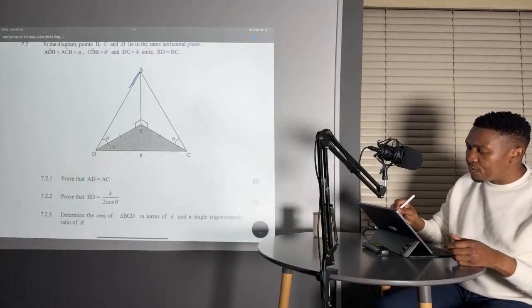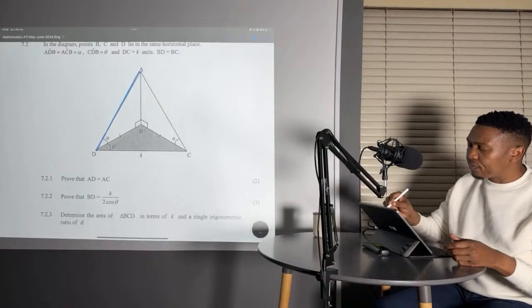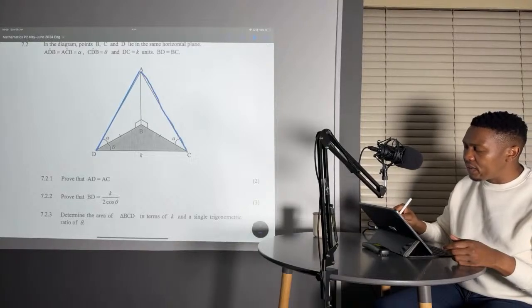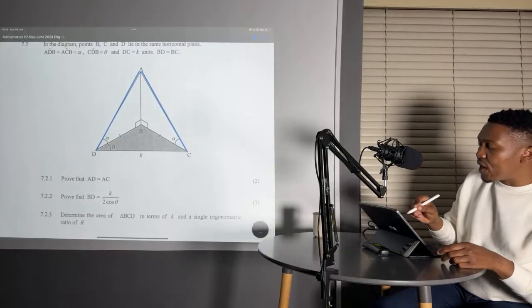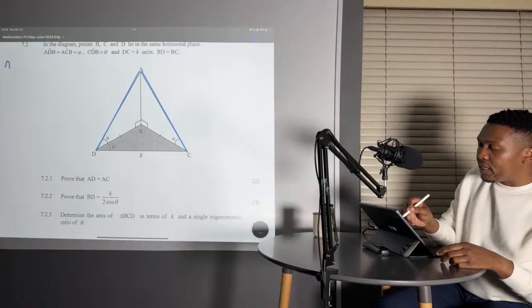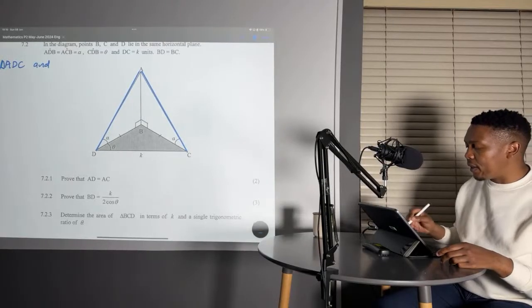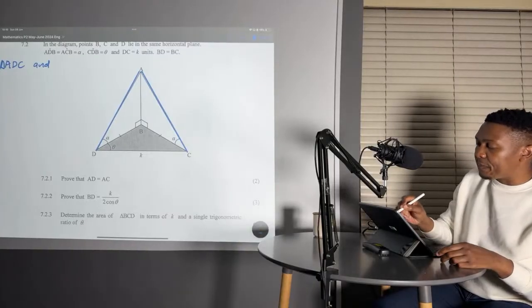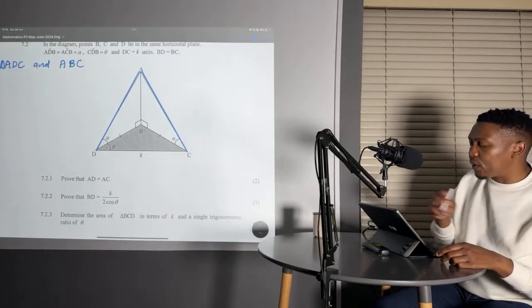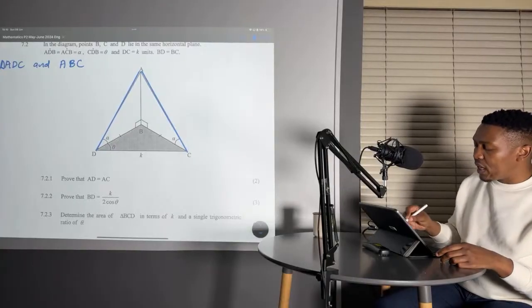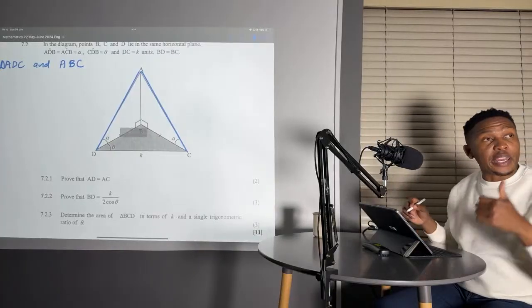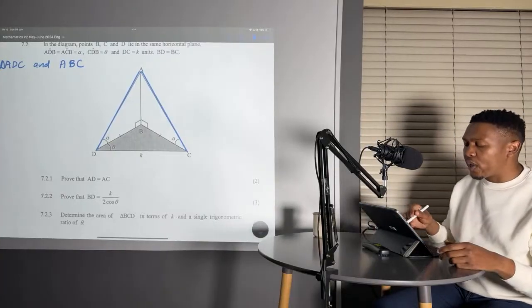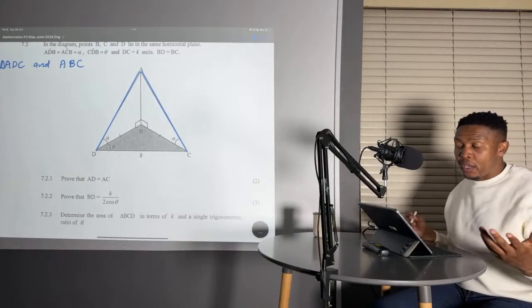So they want us to prove AD equal to AC. That's very easy for us to prove, because if you look at triangle ADC and triangle ABC, in both instances they've got a side that is equal, they've got a 90 degree, and they also have a common side.